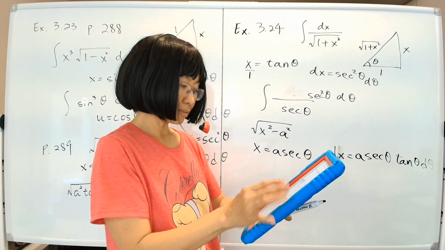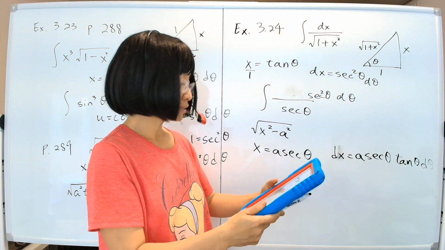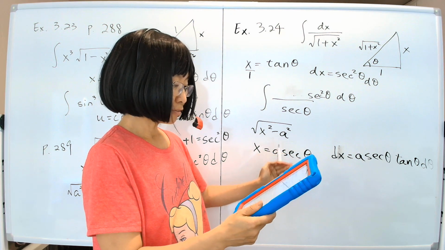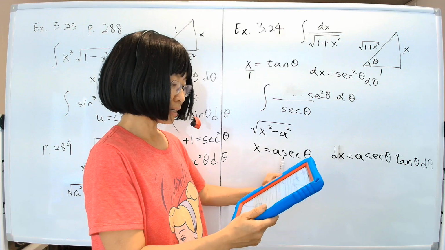There's also another concern: when you plug this into the square root, you will of course end up with a squared tangent squared theta.